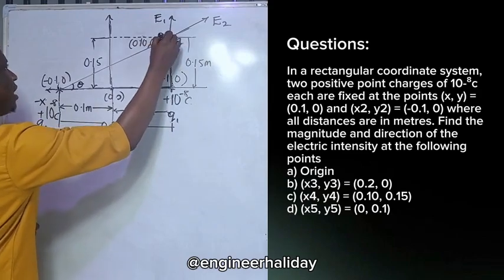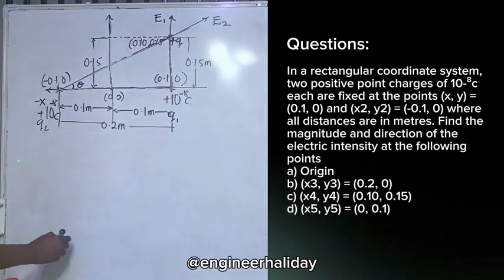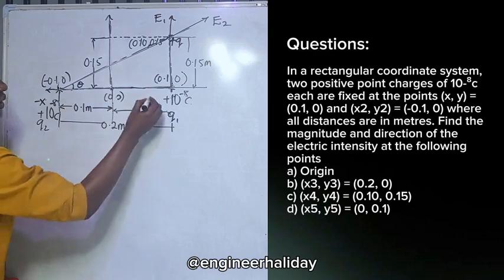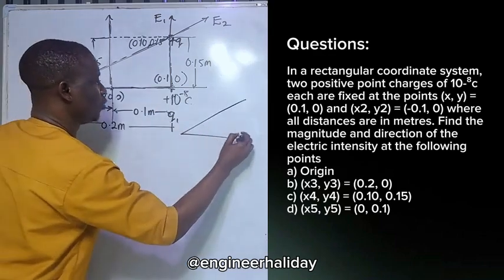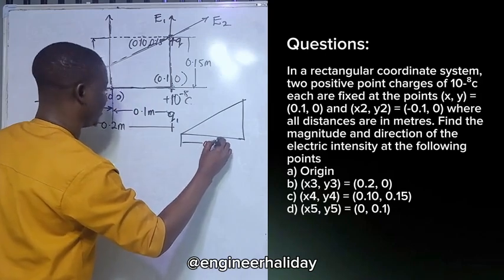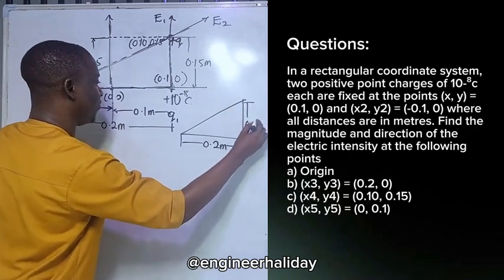Now, this angle, we can calculate for this angle because if you look at this, you're actually seeing a triangle. So if that is a triangle, this is the opposite and this is the adjacent. This adjacent is 0.2 meter, this opposite is 0.15 meter.